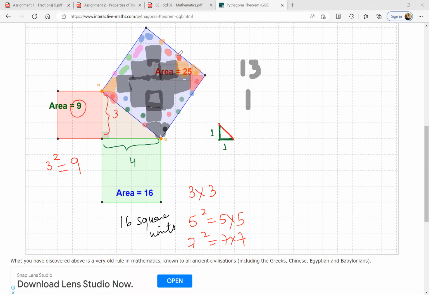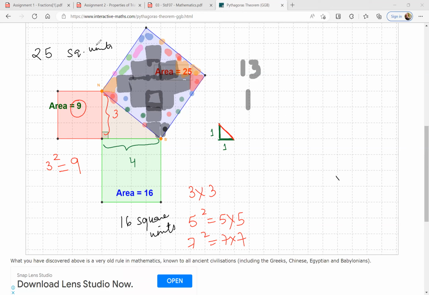So in total, how many squares are there? 25. So what is the area of the big blue square? 25. Very good. So the area of the big blue square is 25 square units.